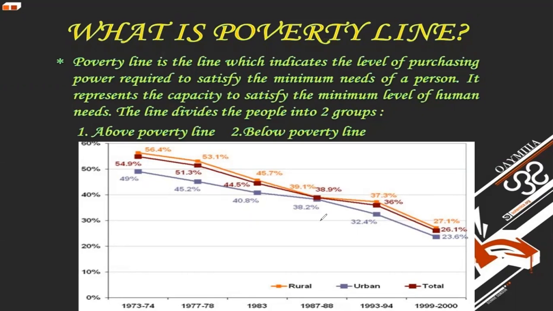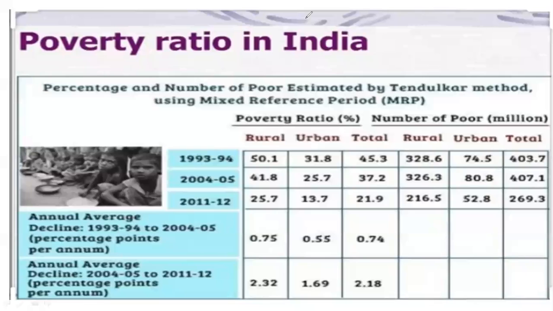How can we find out the rural or urban poor in comparison to the total population of our country? This is what they have described here. A survey is given for 1993-94, 2004-2005, and 2011-2012, showing the condition of rural, urban, and total poverty.